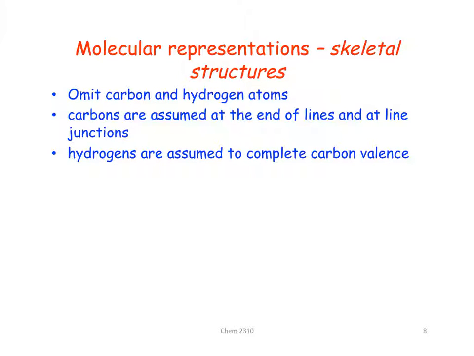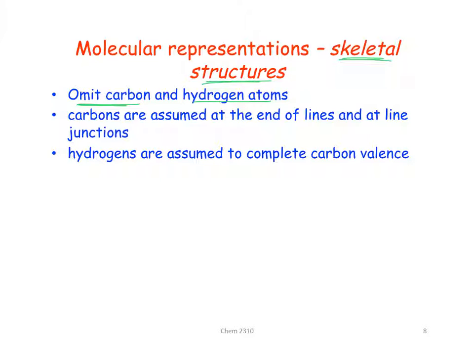The better, most straightforward types of structures are what we call skeletal structures. Skeletal structures are much simpler to do once you know what they are. In this case, we're going to omit both the carbon and the hydrogen. So how can we draw a structure if we don't draw any carbons or hydrogens?